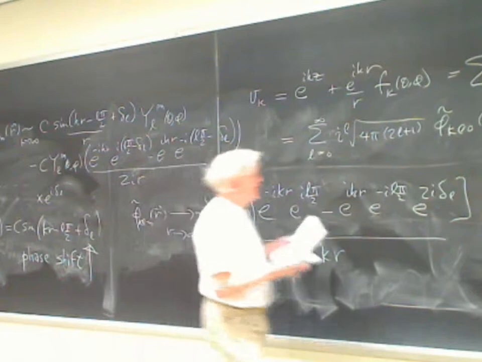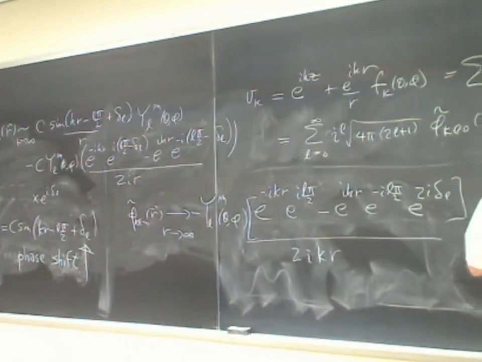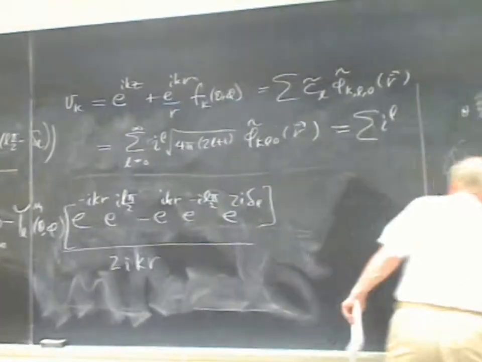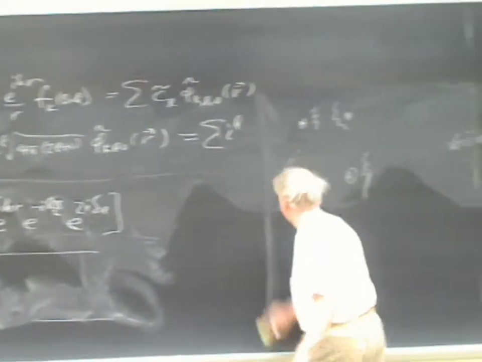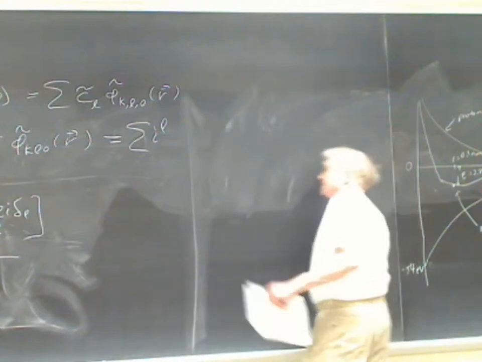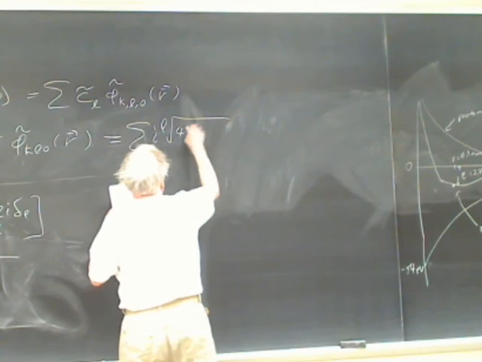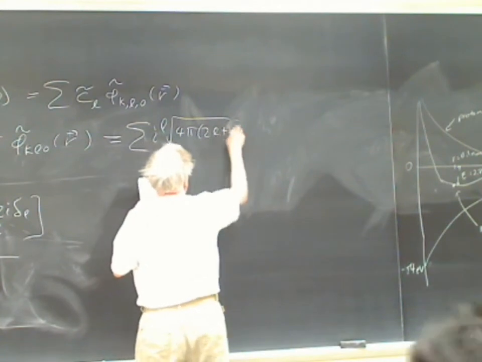So what we do now is we just continue here, and this is a sum, I to the L, square root of 4 pi (2L plus 1).